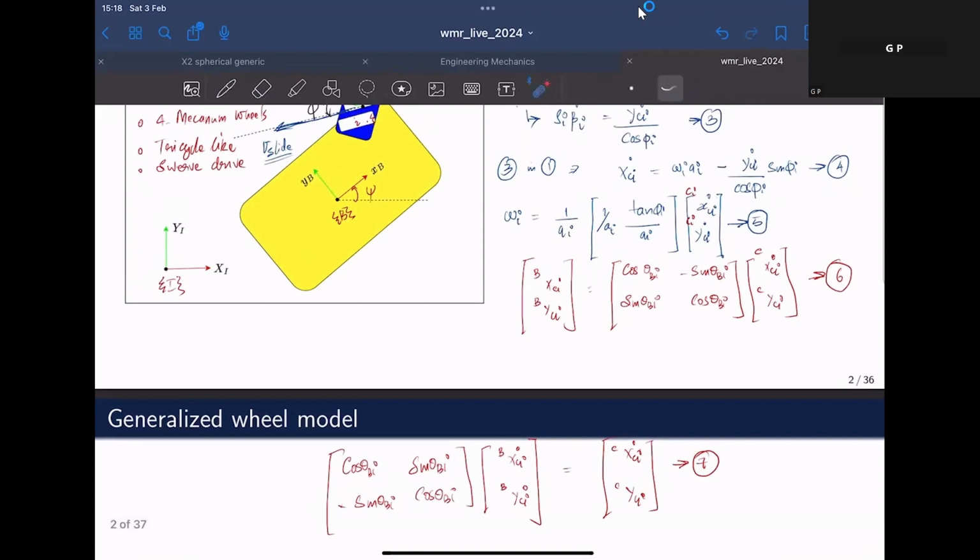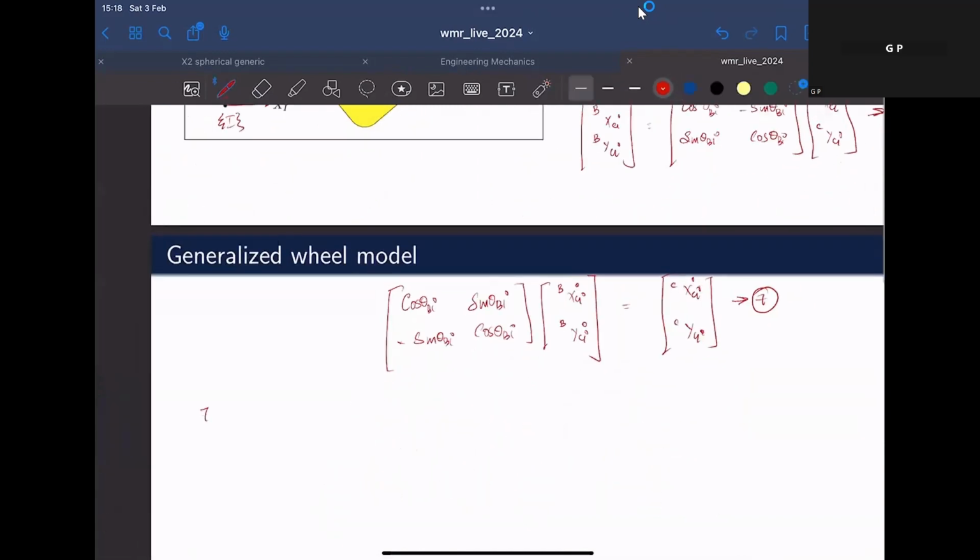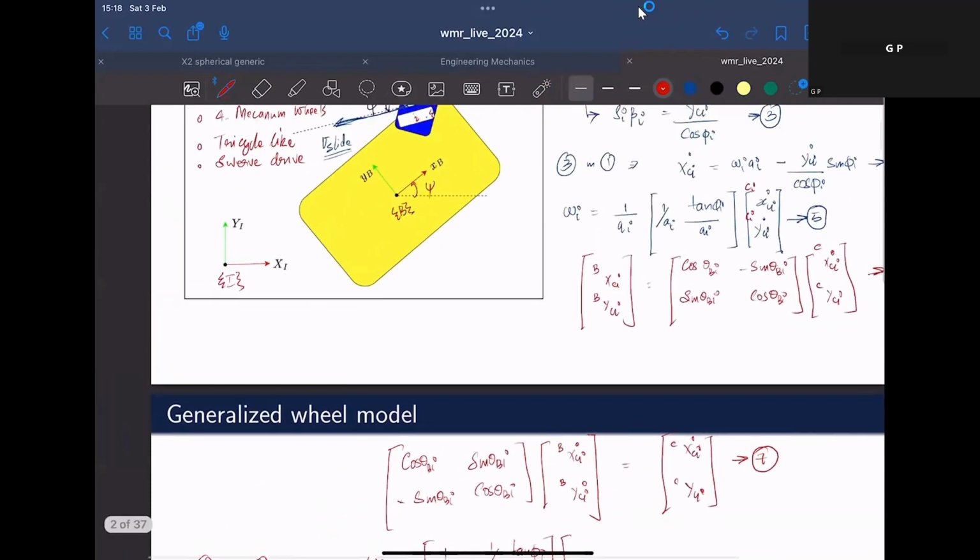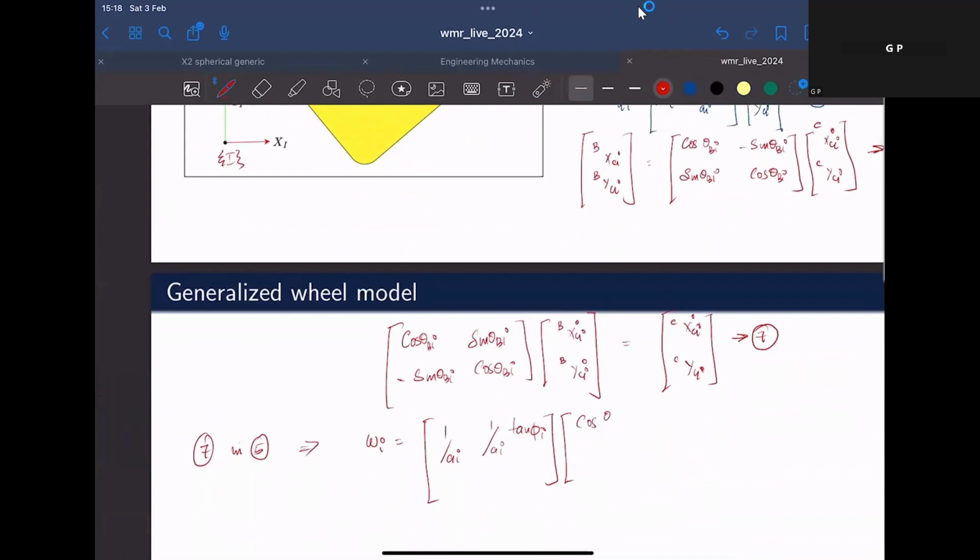So if I back substitute equation 7 onto equation 5, 7 in 5 will yield omega I as 1 by AI, 1 by AI times tan phi I, then we also have cos theta bi, sin theta bi, minus sin theta bi, cos theta bi, multiplied by xci dot, yci dot, everything represented with respect to frame B. I'll call this equation 8.